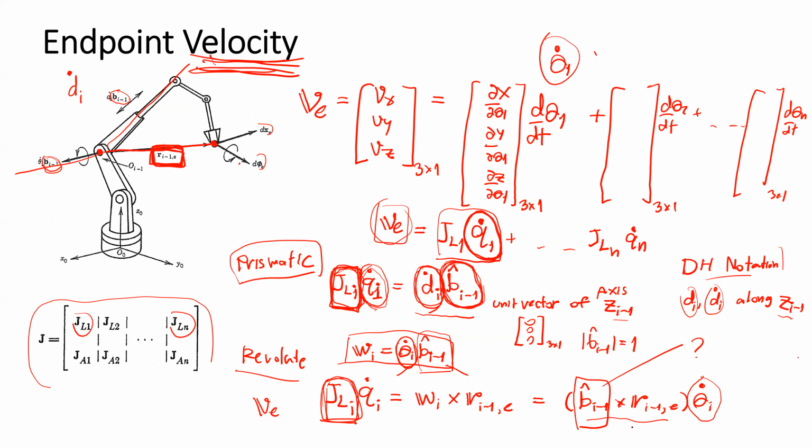And how can we compose this relative position vector in the real robot? I will let you know. But now we just talk about the velocity at the endpoint.